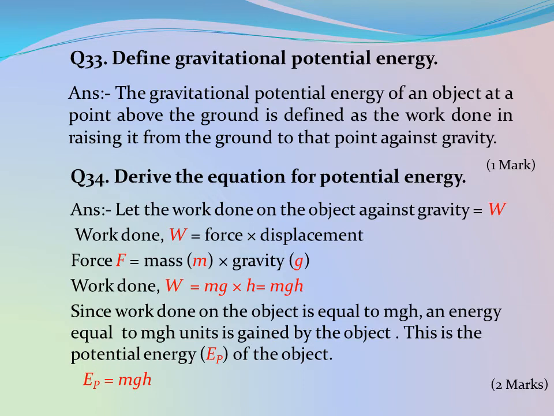Work done W equals mg into h equals mgh. Since work done on the object is equal to mgh, energy equal to mgh units is gained by the object. This is the potential energy of the object. So, potential energy EP equals mgh.